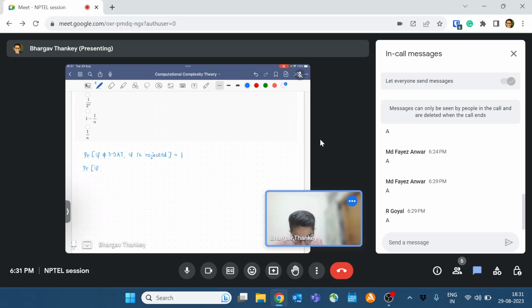So the probability that I is accepted is the same as the probability that the random assignment is a satisfying assignment.